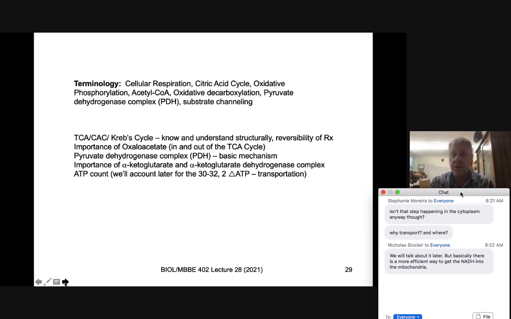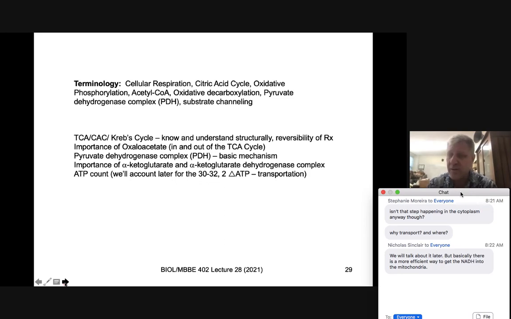So some of the terminology: cellular respiration, the citric acid cycle, the oxidative phosphorylation, which we'll get to a little later on, but I want to just keep the bigger picture. We have the oxidative decarboxylation reaction occurring in the first stages of the pyruvate dehydrogenase complex, and then the illustration of what that provides us in regards to substrate channeling. We've got to know and understand the structures and the reversibility reactions of the TCA cycle.